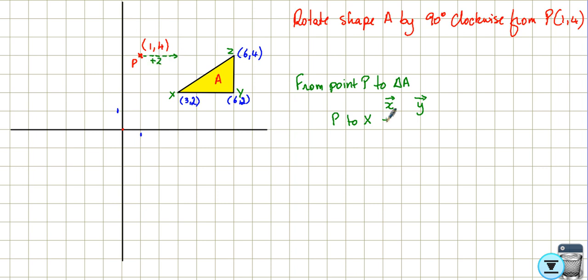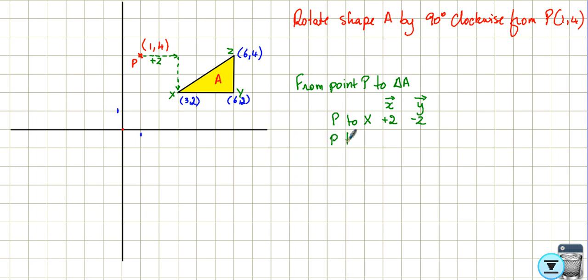So this is plus 2. And subtract 2 on the y-axis. So from P to go to coordinate X, I need to add 2 on the X and subtract 2 on the Y. Remember, X always comes before Y.